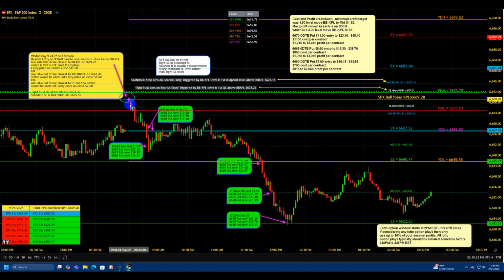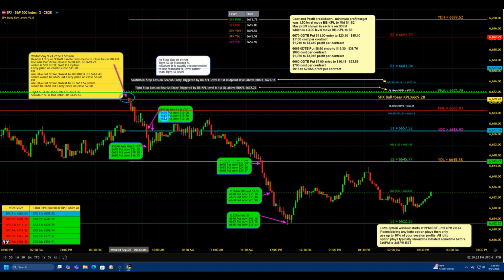Okay, so as you can see here, we had a pretty fierce move down to begin the session. In here at the 9:48 a.m. candle, it hits both S1 and yesterday's daily close. So that's yesterday's daily close. Here's S1. And that happened all in this candle here.